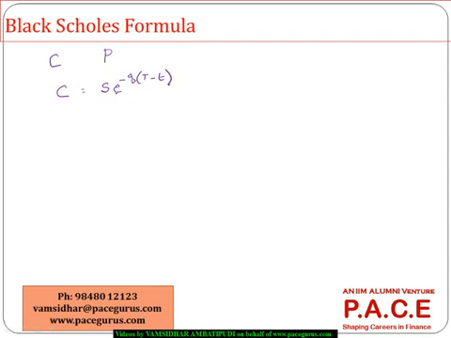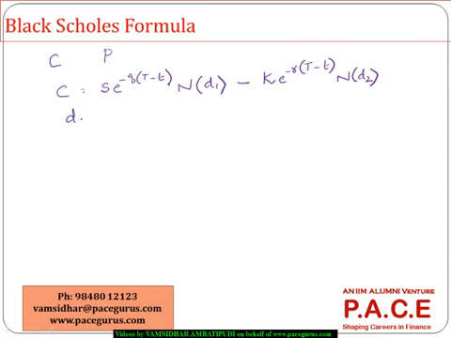When I divide by e power q(T minus t), that gives me the present value of the dividend. This I multiply with the cumulative distribution of a standard normal variable, N(d1), minus the present value of the strike price times N(d2).